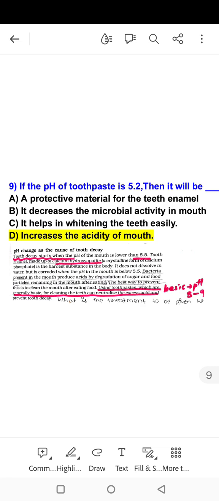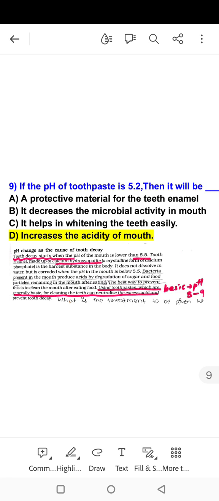So a protective material for teeth enamel is the wrong statement. It decreases the microbial activity in the mouth, it is given. Microbes are more active in acidic media. So it increases the microbial activity in the mouth. So the given statement B is wrong.